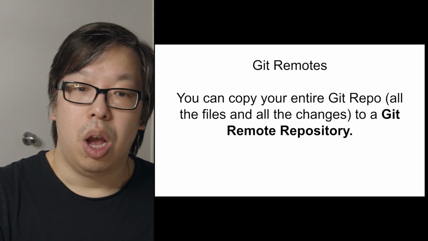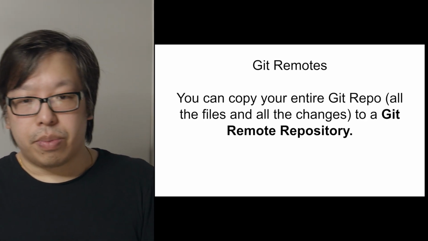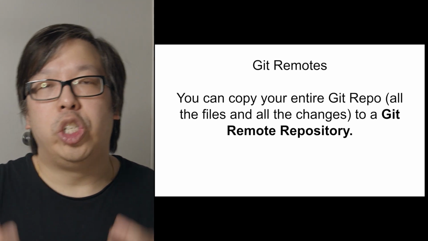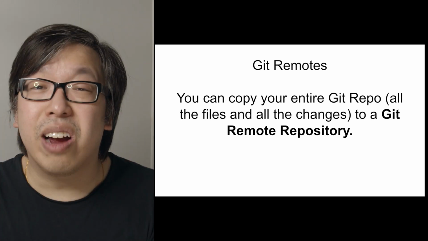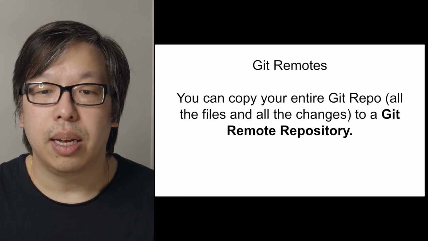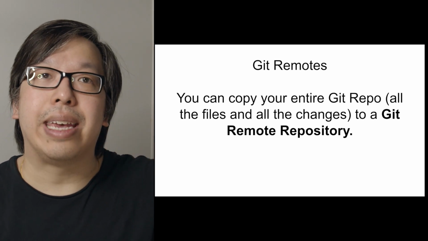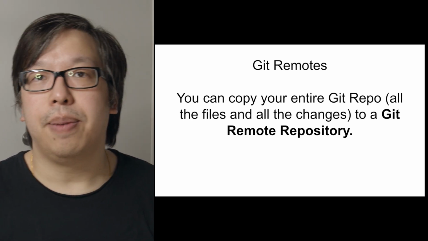Okay. So what you can do is you can copy your entire Git repository to what's called a Git remote repository. Okay. So we talked about your Git repository being a folder that's managed by Git.